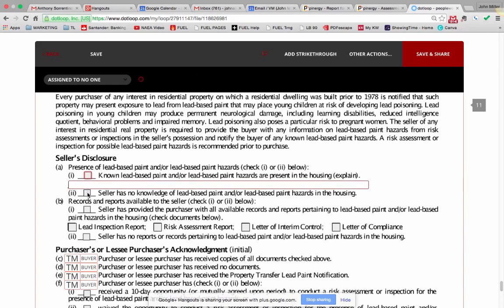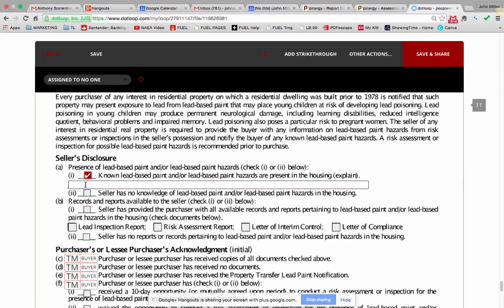See, this is great that the form doesn't allow you to do both. Whoop. It's not allowed. Oh, there you go. Maybe it does allow you to do both. Yeah, it does allow you to do both, so that's not good. The seller has no knowledge of lead-based paint or lead-based paint hazards in the housing. Okay, it's either one or the other.